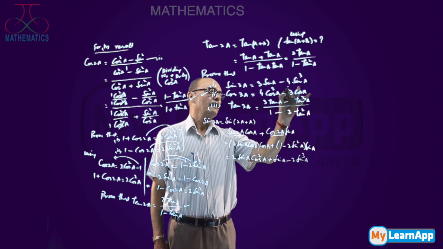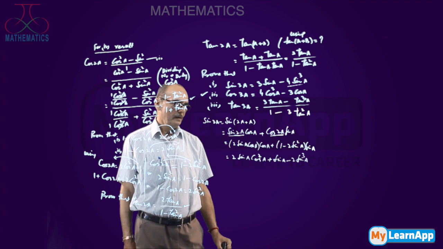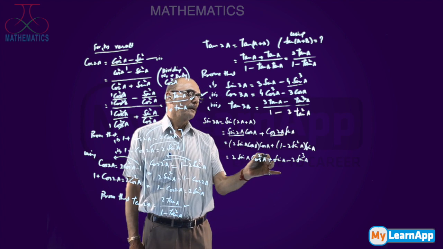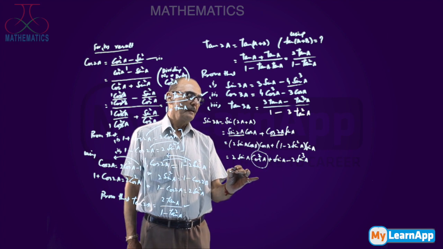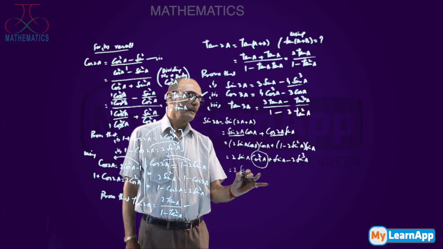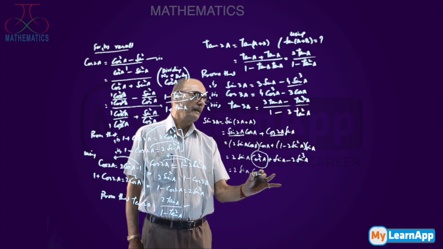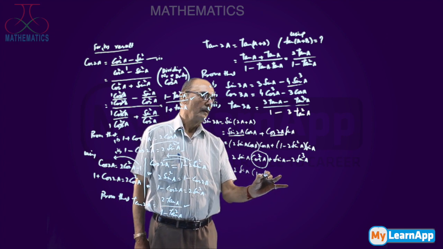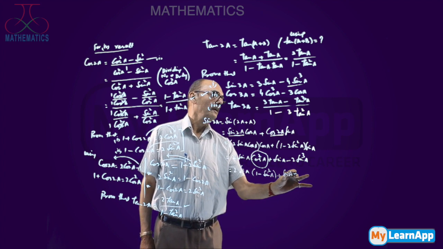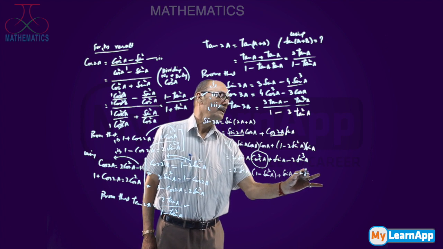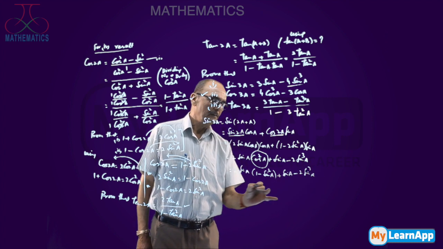We require here 4 sine cube a. So, change this cos square a in terms of sine as 2 sine a into 1 minus sine squared a, plus sine a minus 2 sine cube a. Open the brackets.